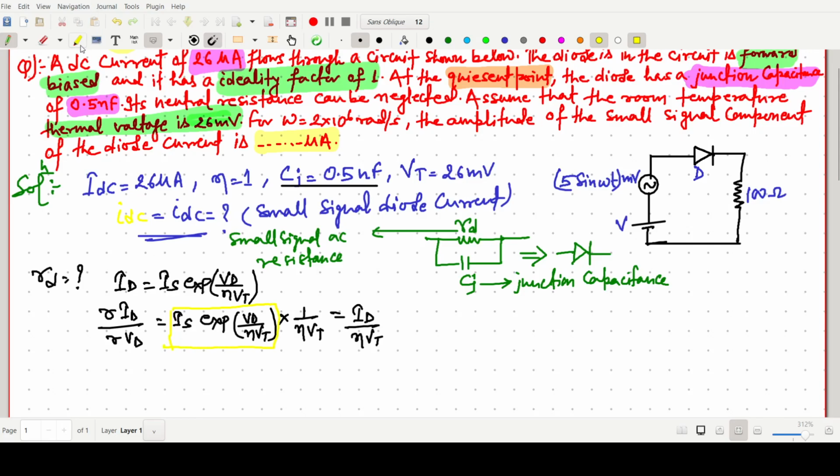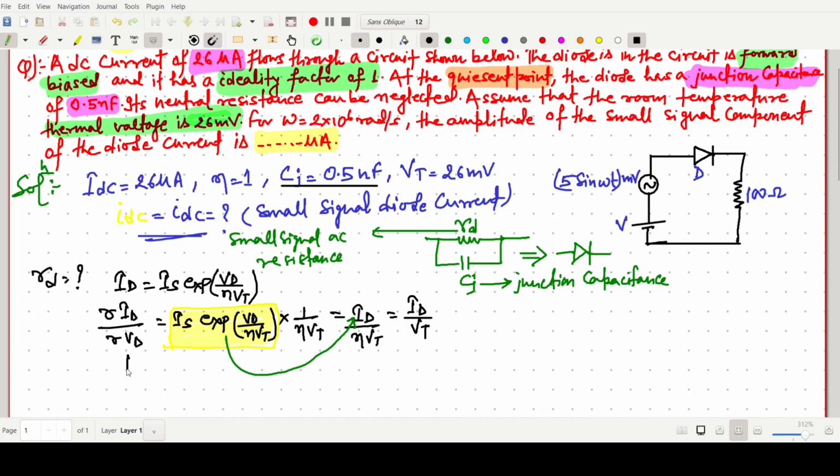It is clearly mentioned in our question that the ideality factor is 1, so it should be ID by Vt.